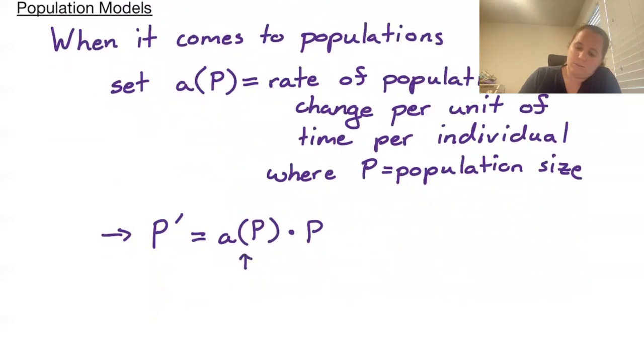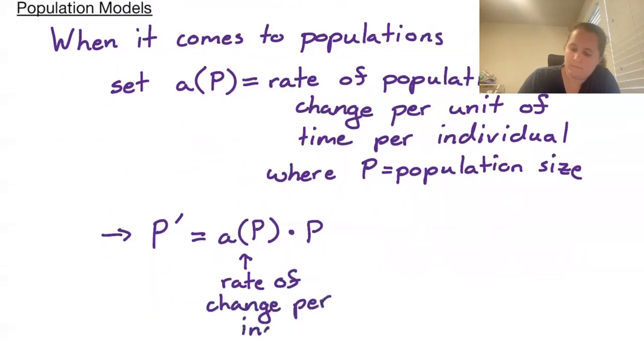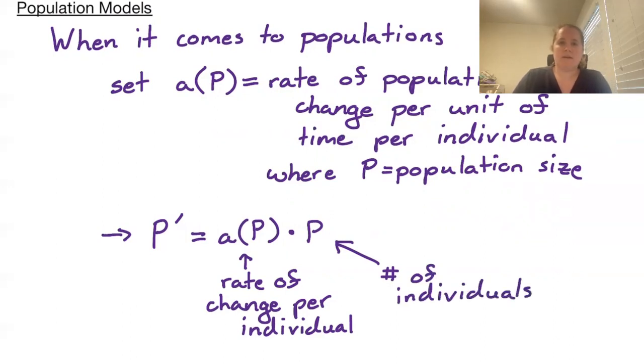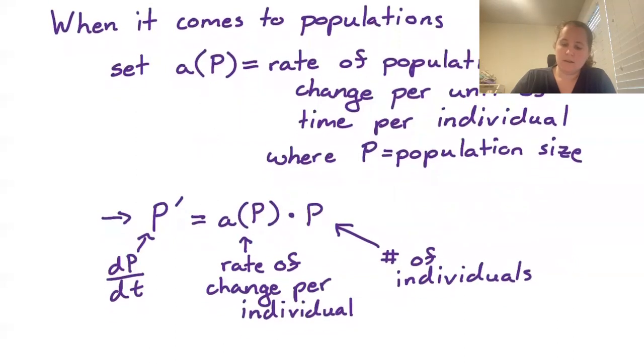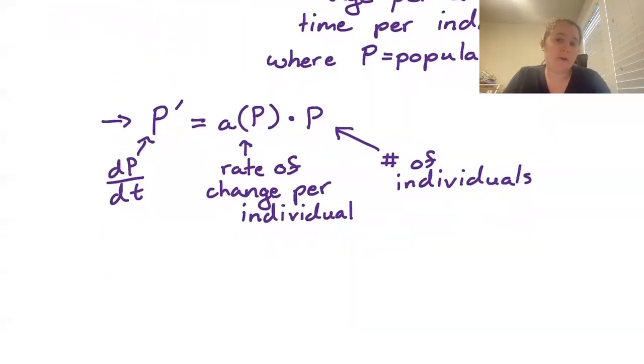So this is the rate of change per individual times the number of individuals. And this is simply the rate of population change overall. So this is the rate with respect to time. Now, this could have all sorts of functions because I haven't specified what that A of P is.